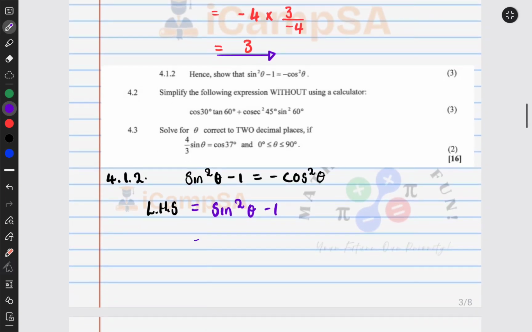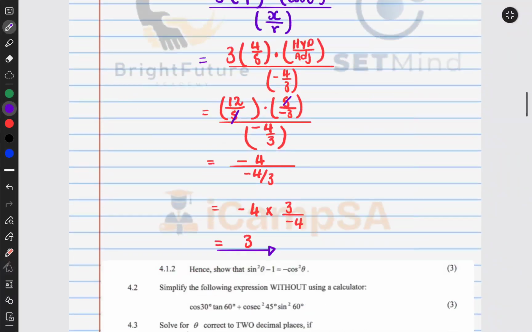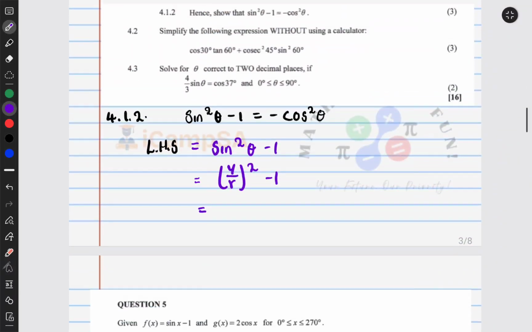What is sine theta? The ratio of sine theta is opposite over hypotenuse, y over r, squared, minus 1. What's the value of y? It's 4 over 5 squared minus 1.